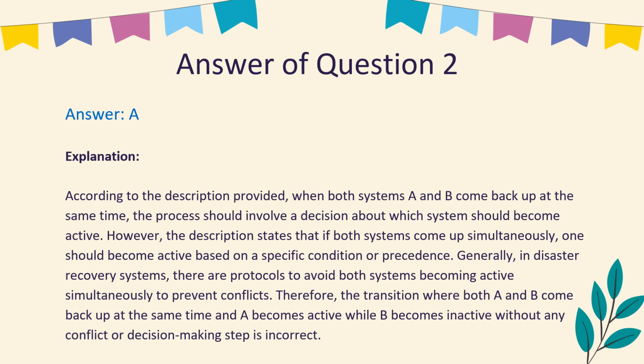Generally, in disaster recovery systems, there are protocols to avoid both systems becoming active simultaneously to prevent conflicts. Therefore, the transition where both A and B come back up at the same time and A becomes active while B becomes inactive without any conflict or decision-making step is incorrect.